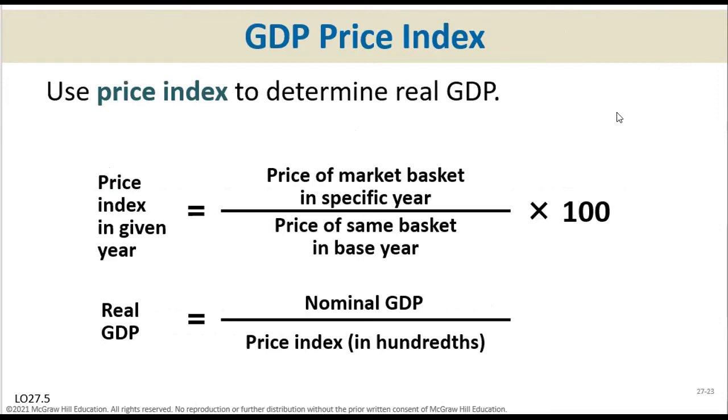Price index is equal to the price of a basket in a specific year divided by the price of the same basket in the base year times 100. That's how you get a price index, the GDP price index. Now to calculate the real GDP, you take the nominal GDP and divide it by that price index over 100 to come out with our real GDP.